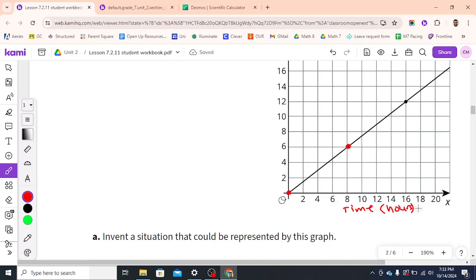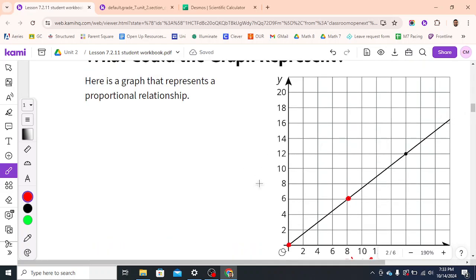H-O-U-R-S, hours. And for this one, let me see if I can write it. We're going to say maybe pay. I'm trying to write it sideways, meaning dollars. But 6 really doesn't make sense.